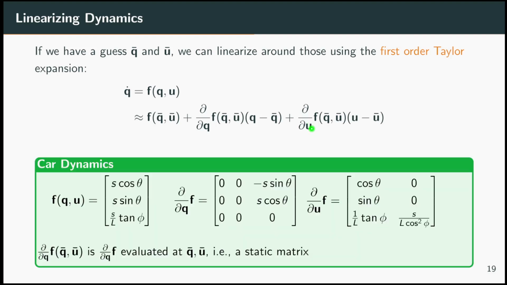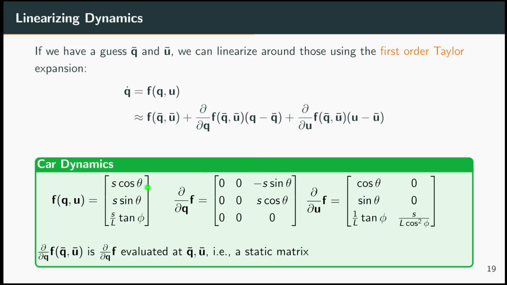Okay, so to make it a little bit more concrete, in the car dynamics, we had these dynamics down here. The partial derivative with respect to Q just becomes a 3 by 3 matrix because we now compute the derivative with respect to each of the state inputs.